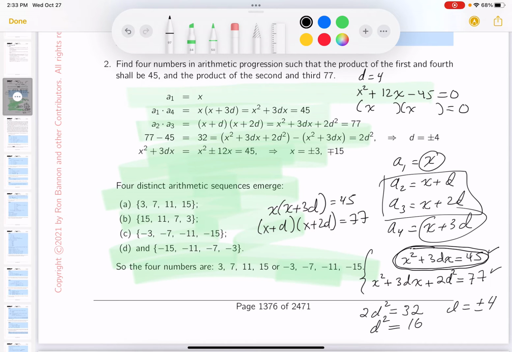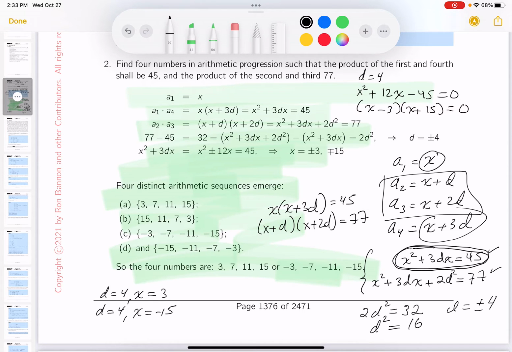Let's see. I'm going to say 15 and 3, right? So let's write this down. So if d is 4, x is going to be 3. If d is 4, x should also be minus 15. Don't be discouraged by having a choice. Let's do the next one.